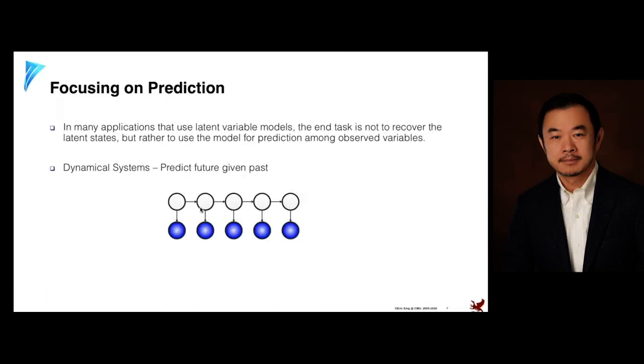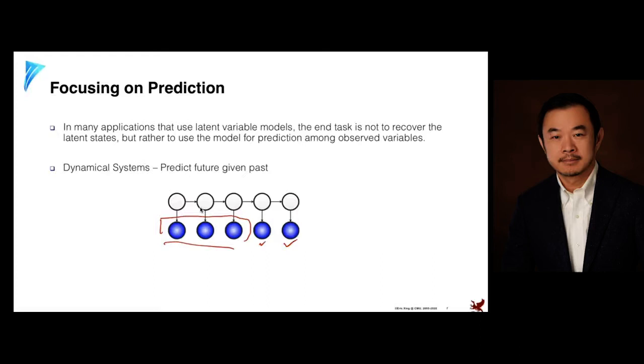So that could be somebody's attitude. Therefore, if you see a partial sequence like this, being able to make predictions on this one and this one is the major goal, and the latent variables are basically one of the vehicles to lead to this point. That's the insight I want to bring forward.